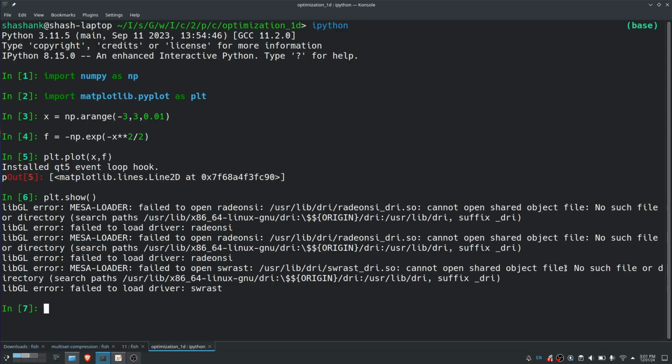So maybe let me take a point and see what this looks like. I have f, I have x. Let me take x_t to be equal to say 0.5. Okay. So what is f of x_t? We call this f0. This is my f of x_t.